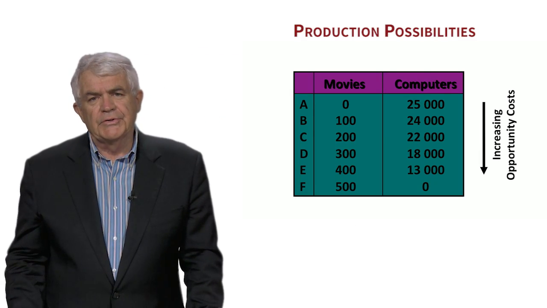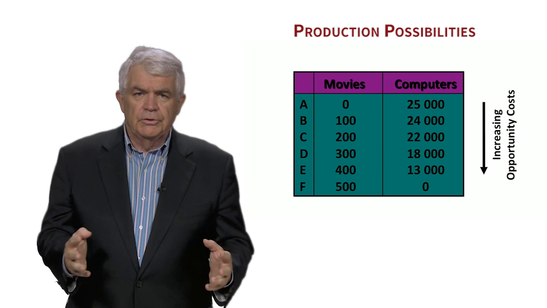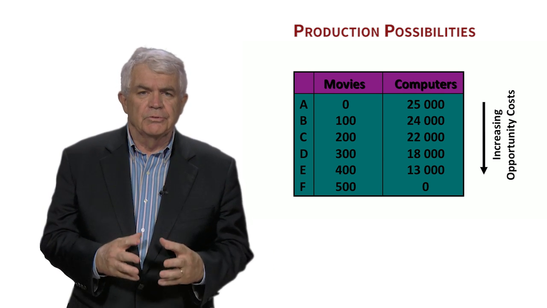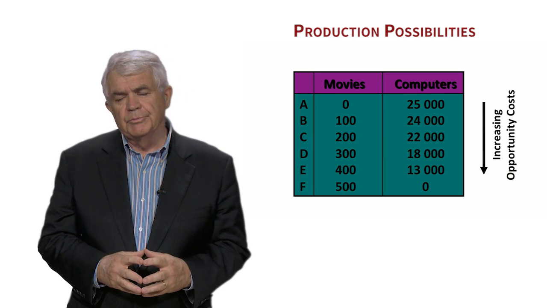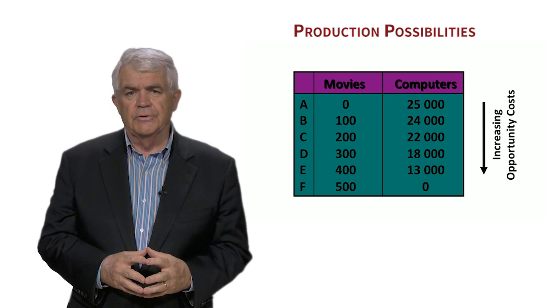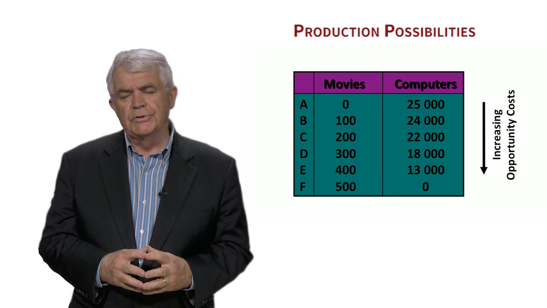So we're going to talk about that today, and we're going to use a numerical example of these production possibilities. The numerical example is just made up. We're going to think about the options between producing movies and producing computers. We could do guns and butter, we could do healthcare and other kinds of goods. Just an example of this idea of production possibilities in the economy.